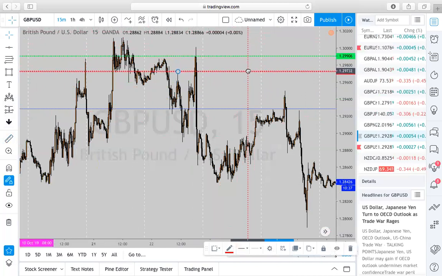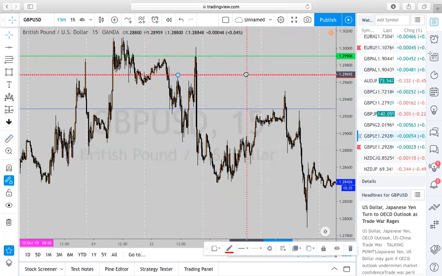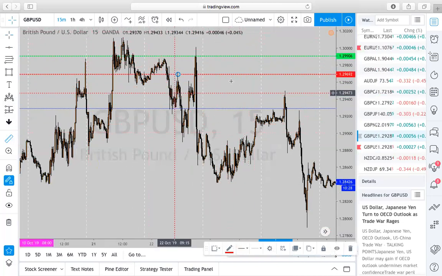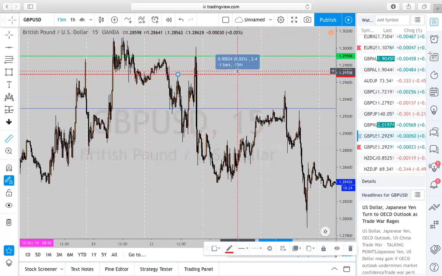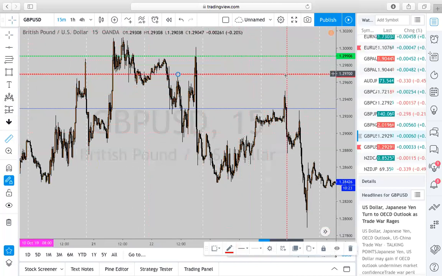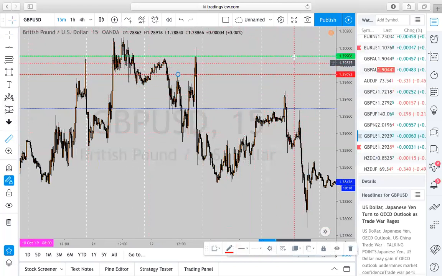Move it right below our entry, about 10 pips, depending on the pair, because we want to capitalize on something in between. If price came back up and hit our stop loss right here, it would have taken us out, but at the same time, we're still in profit.